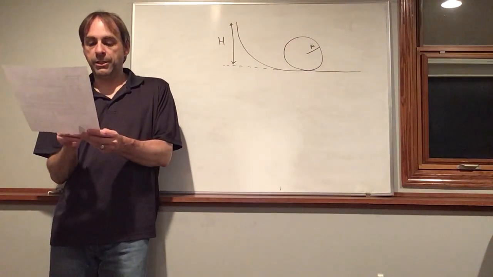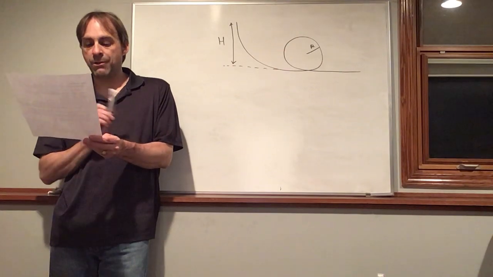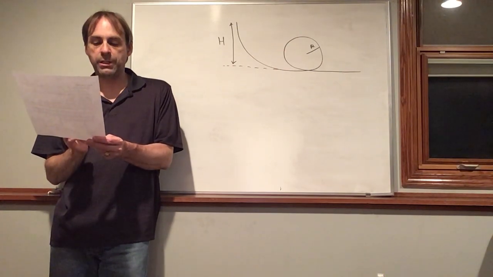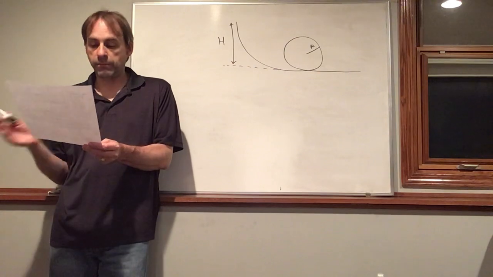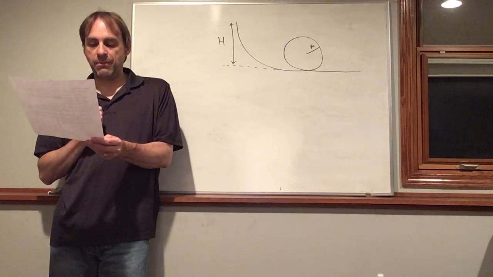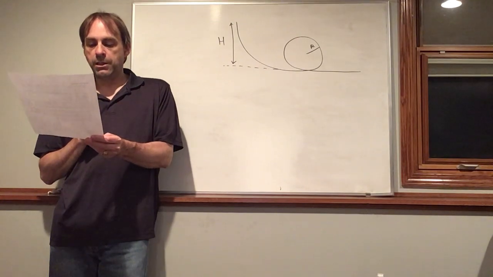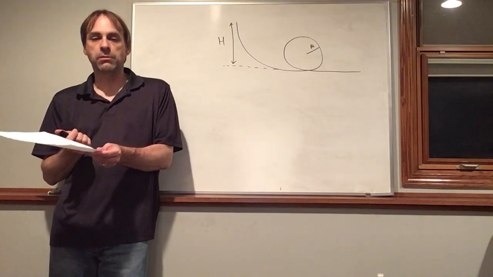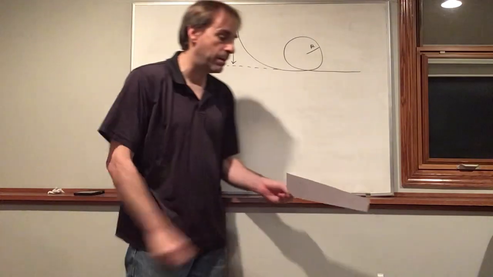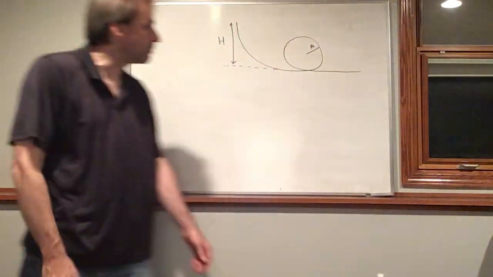It says a small block of mass m slides along the frictionless loop-the-loop track. What minimum height h must the block be released so that it makes it around the loop? So we have to be able to make it all the way around the loop.